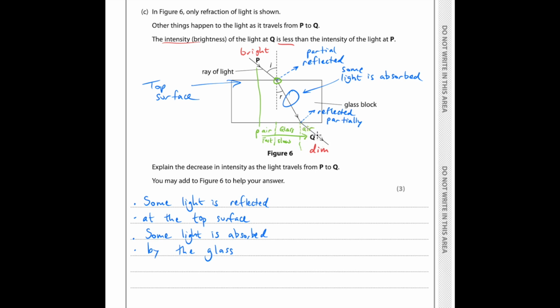The wave's travelling in air now. So it's going to go back to travelling fast. Instantly there, it's fast. How fast? Well, exactly the same as the speed in the air at the start. So it's going to travel fast, and it's instantly slower as it travels through the glass, and then it goes back to being fast again, exactly the same speed as what it was before. So that's what we're looking for on the graph.